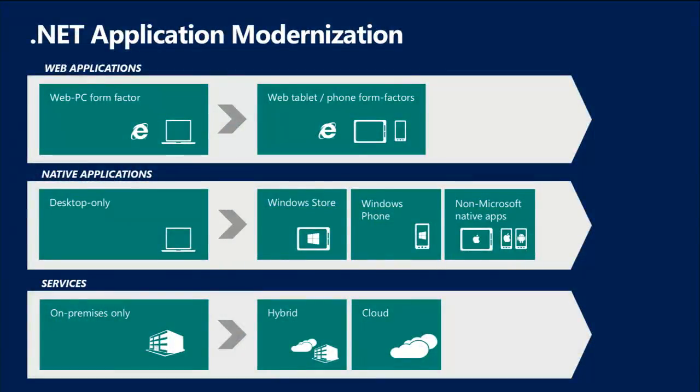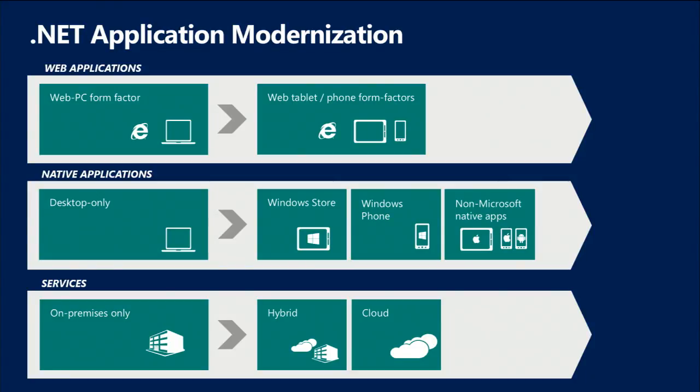So if we talk about application modernization, we can see different areas. One area would be web applications. I want to modernize my application, which is now just a web application for a PC, but I want to take into account other form factors and other devices for that web application.